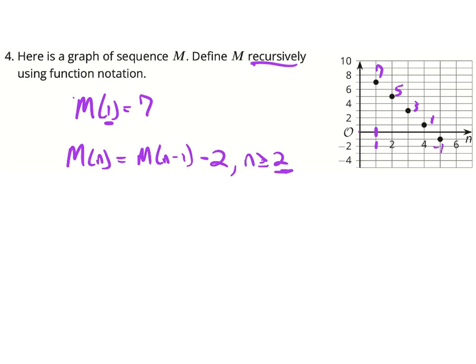Now, let's write this explicitly. If I had to write this explicitly, I would say m of n is 7 minus 2 times (n minus 1), but n must be greater than or equal to 1, because we can't put in 0.